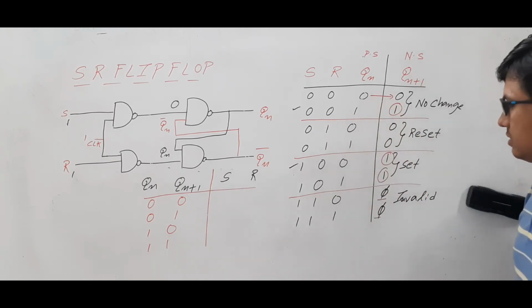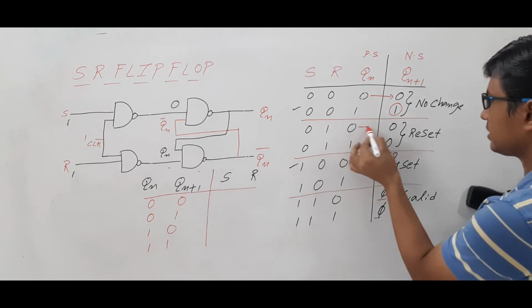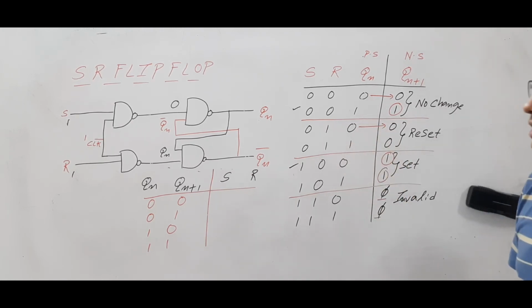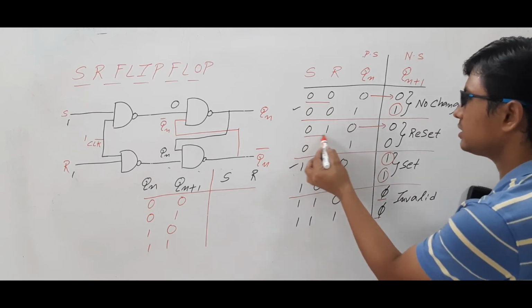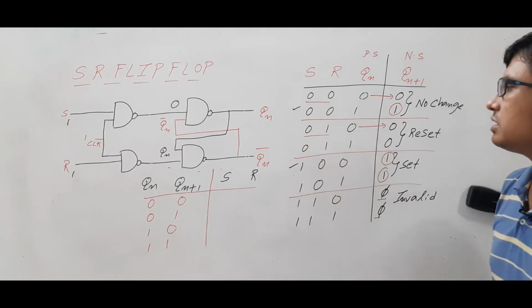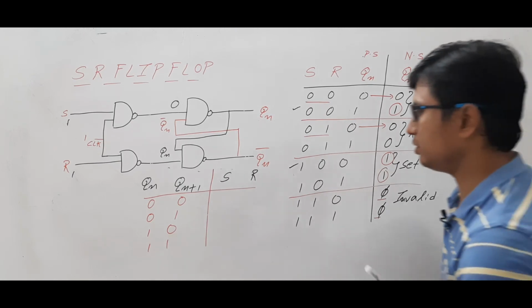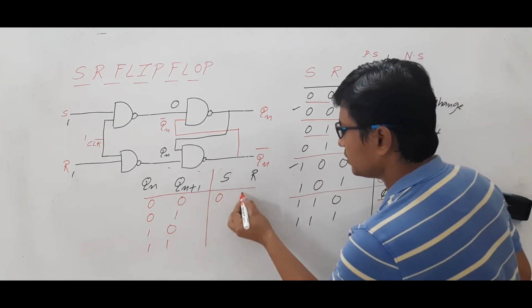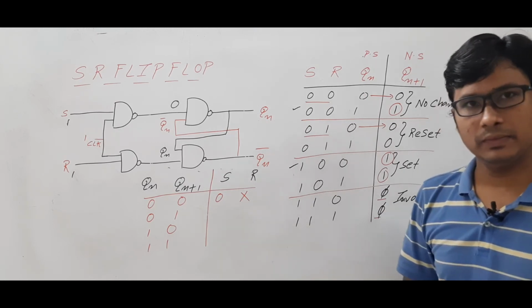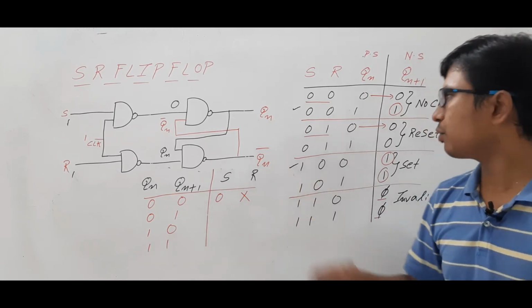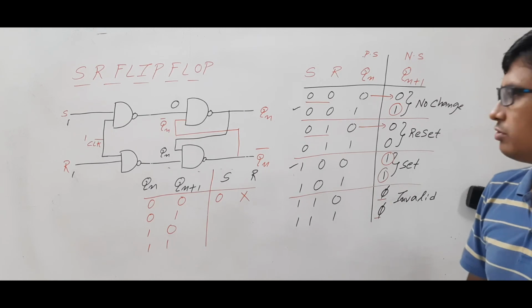This is one case, this is another case. Two cases are there. In this one, S and R values are 0 0, here it is 0 1. So what can I say? S value is always 0, R value is either 0 or 1. I can represent it as a don't care. Is it clear? It can be either 0 or 1. Are you able to follow me or not?